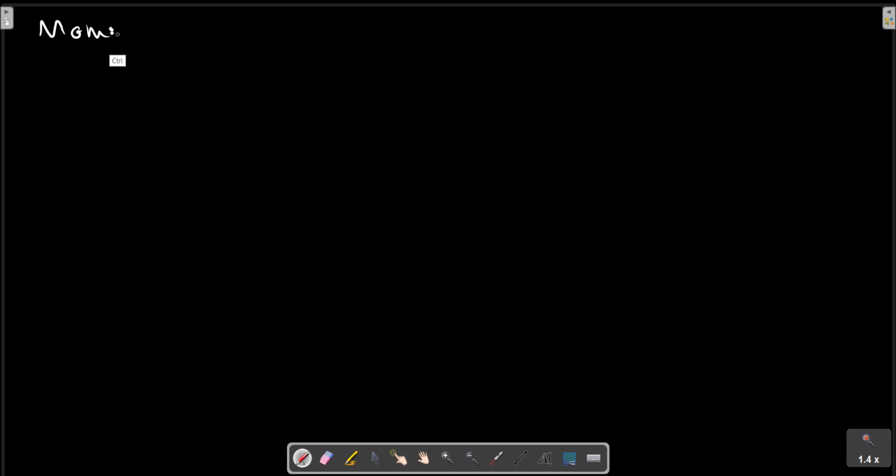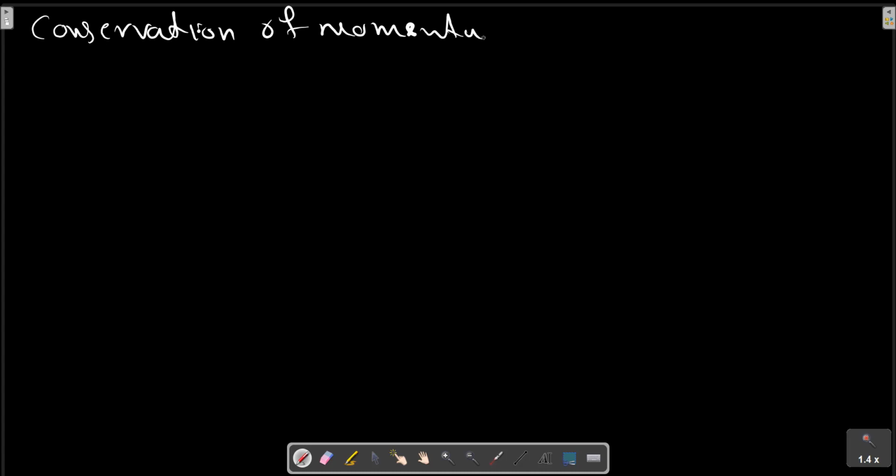The next description for the chapter is this. Let me write the relation for the momentum equation, conservation of momentum equation.